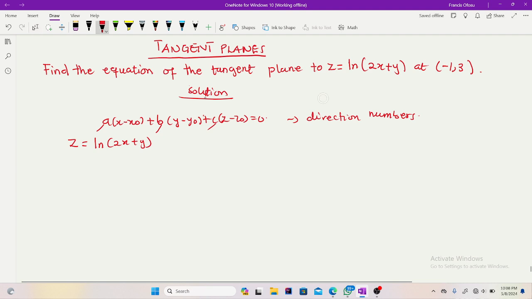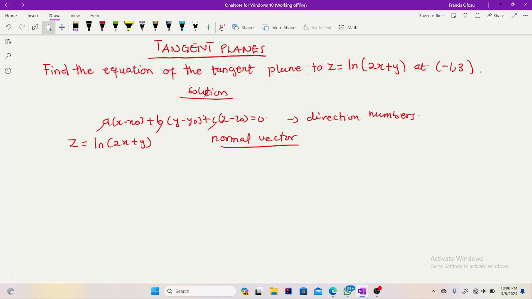The next thing to do is to get our direction numbers. That is the most important thing. So how do we get our direction numbers, or what we call the normal vector? There is no way we can get a normal vector in this sense, but because the plane is tangent to this function, we can say that the change in this function with respect to x can give us the direction of our x.